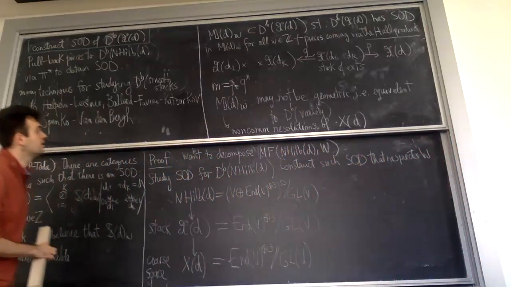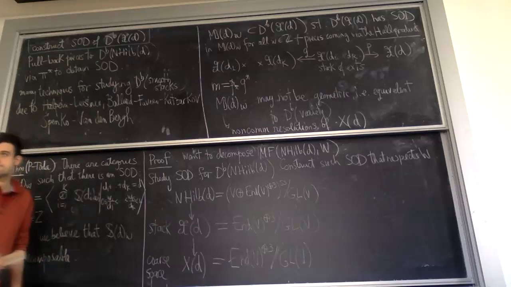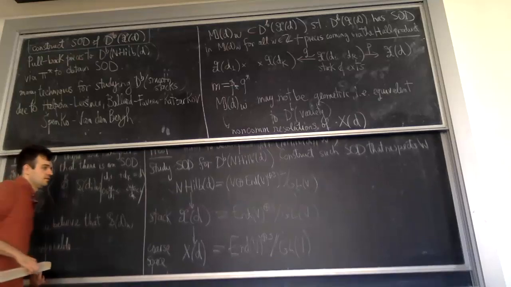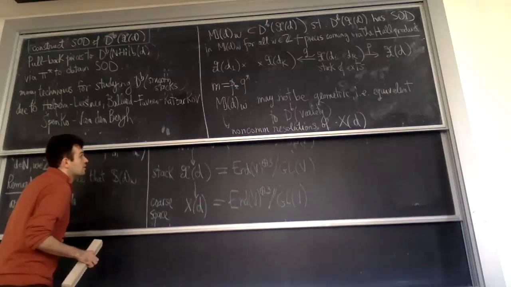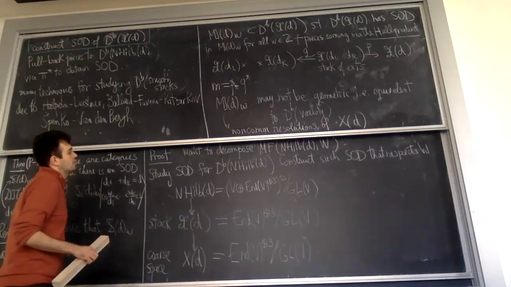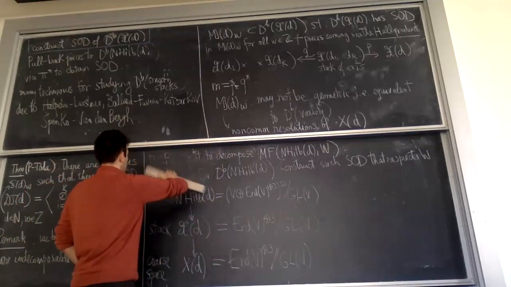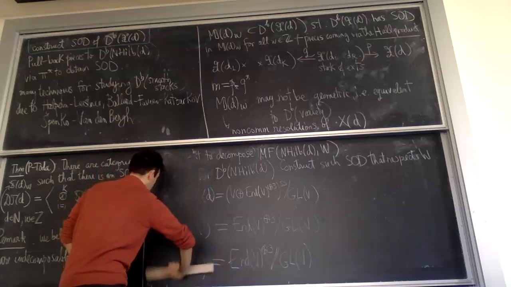Okay, so now I ran out of space. Yeah, so this is what I was explaining. Okay, so now I have to tell you how to define these categories MDW.